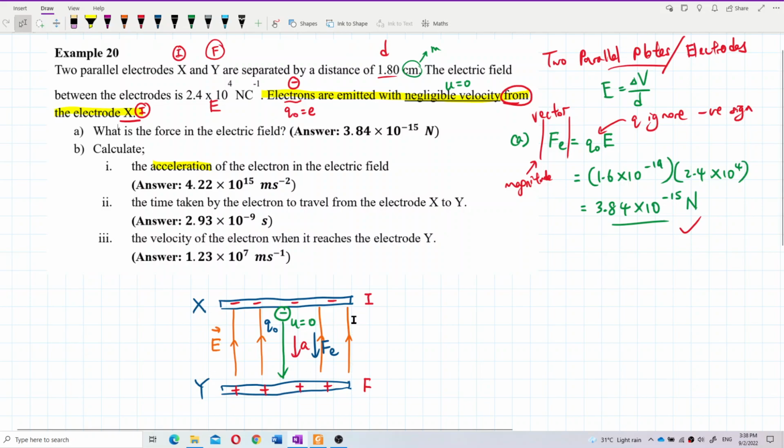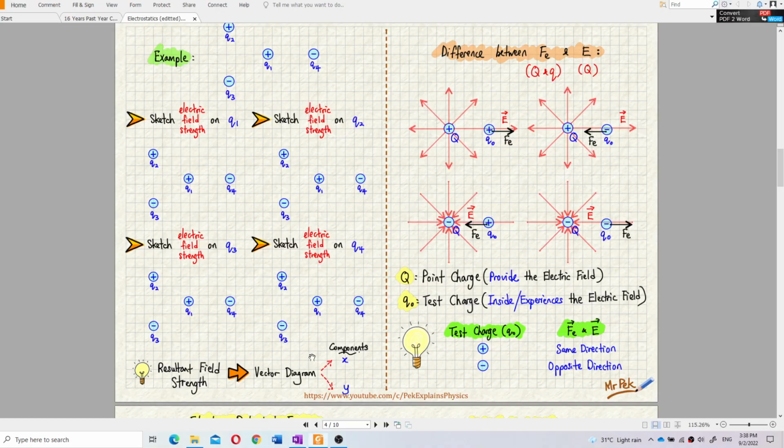Okay, let's continue our questions. Question B1. I want to find my acceleration. So which case is this?